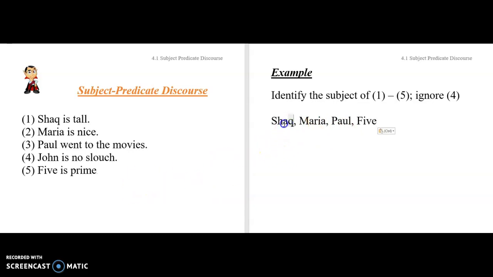That's the subject. Now, notice, I'm talking about the person, the man, Shaq, the thing that's 7 feet 2, 7 foot 3 inches, whatever it is, okay? I'm talking about Maria, the person, Paul, the person. I'm talking about the number 5 in this case, okay? That's to be contrasted with the means by which we express the subject. The means by which we express the subject is a proper name, okay?